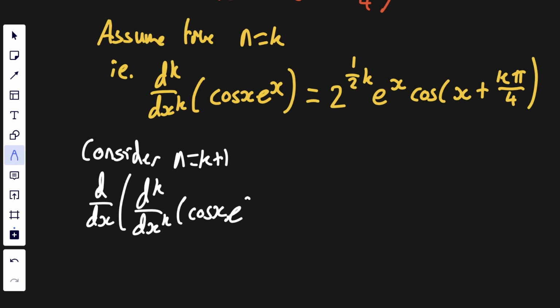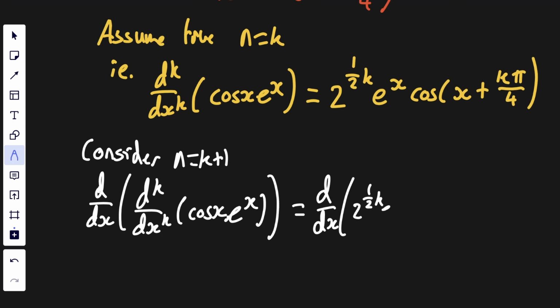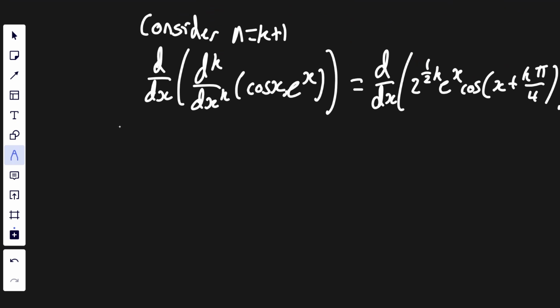But according to our assumption, we're doing the derivative of this: 2 to the half k, e to the x, cos of (x plus k pi on 4). So we can bring that 2 to the half k out to the front.